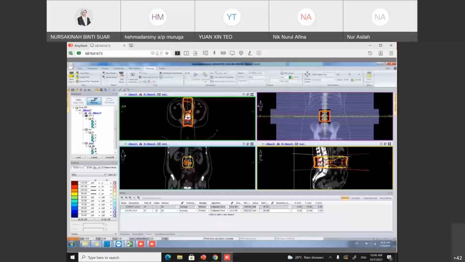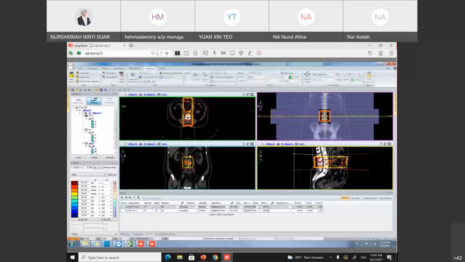So how do we make sure your target is getting 100%, unlike just now when we pointed at the vertebra, it was only getting 60 or 70% coverage. For this case, with the 2-beam technique, we make sure that the vertebra is covered 100%.